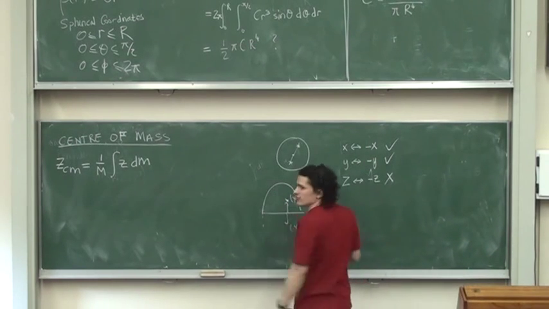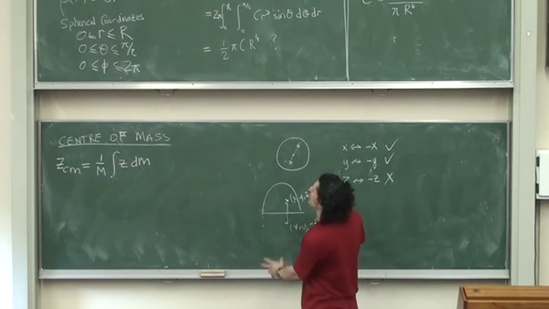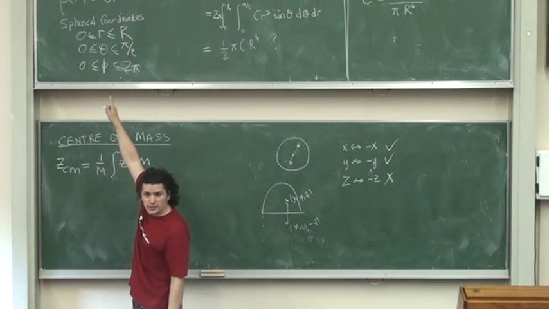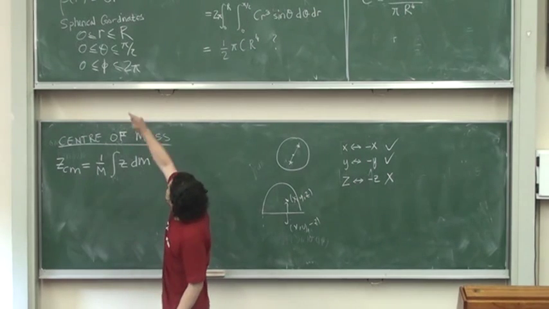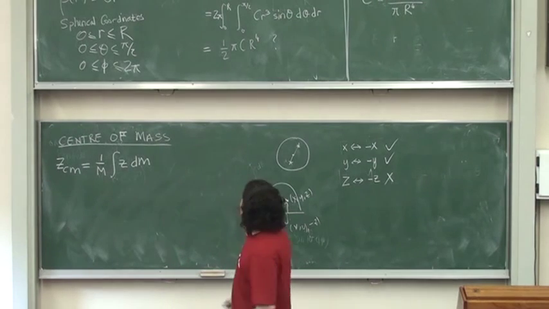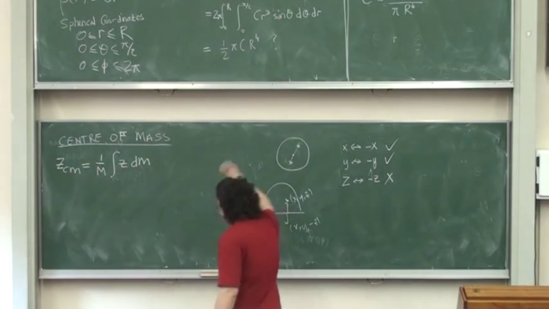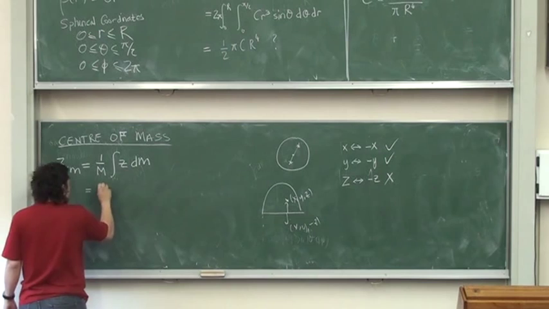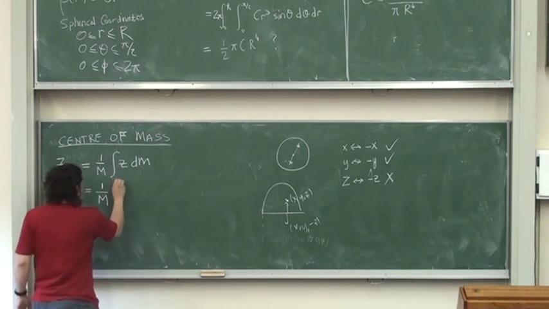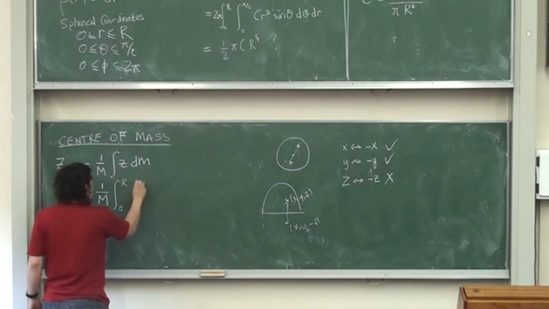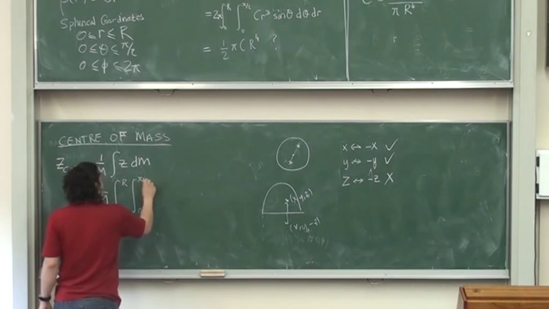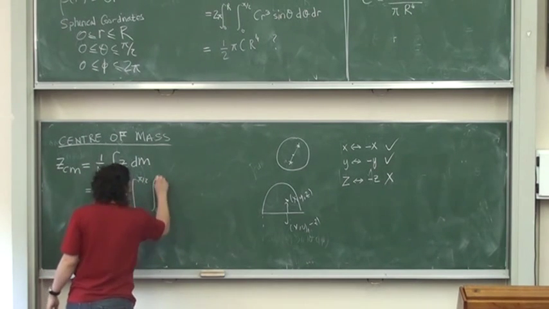The hemisphere hasn't changed shape. It still looks like a hemisphere. It'll still have a good parameterization of spherical coordinates. It'll still be a good plan to use this range of all these parameters. And so, it'll be a good idea to do the exact same thing that we did before. This is 1 over m. The integral becomes integral 0 to r, integral 0 to pi by 2, integral 0 to 2 pi.